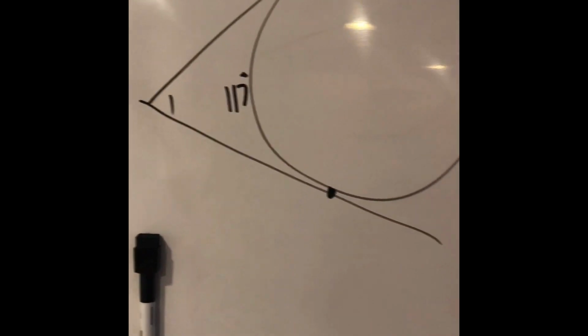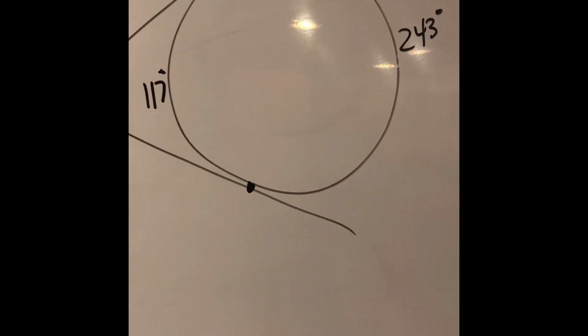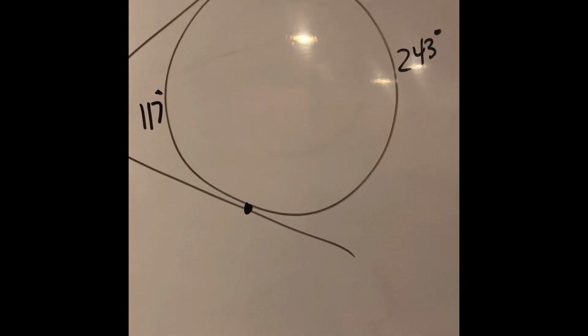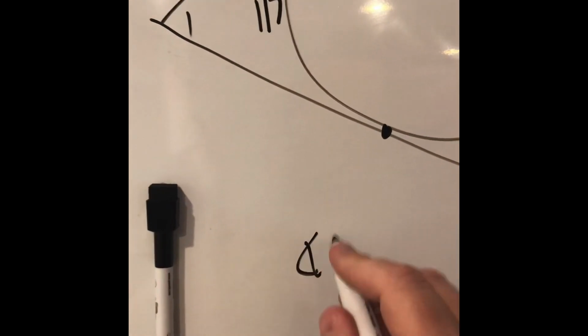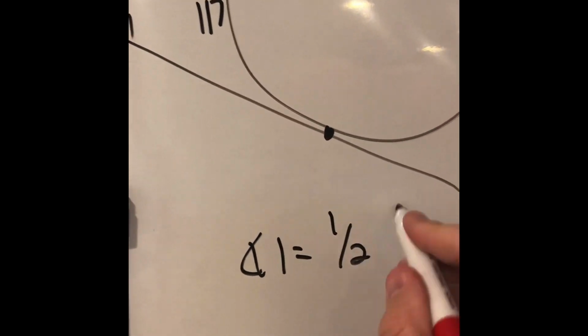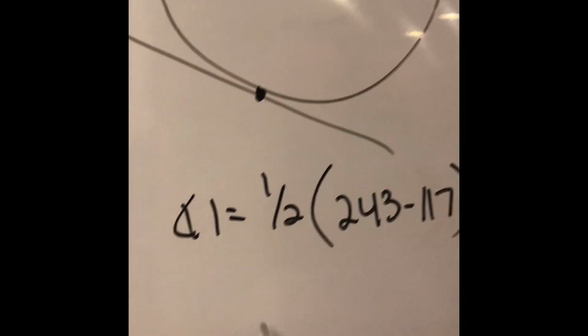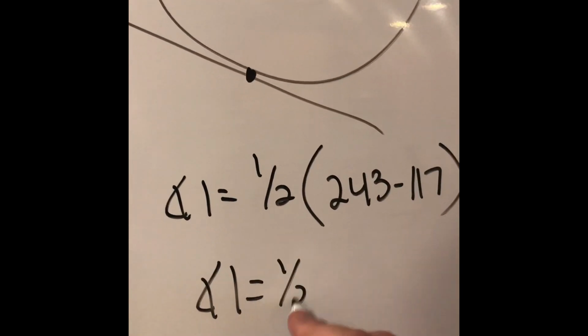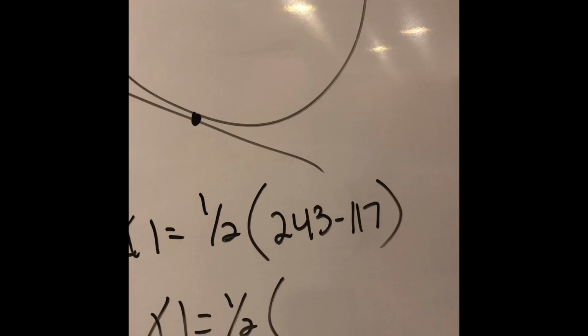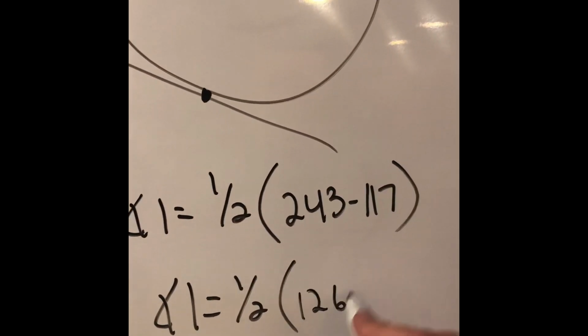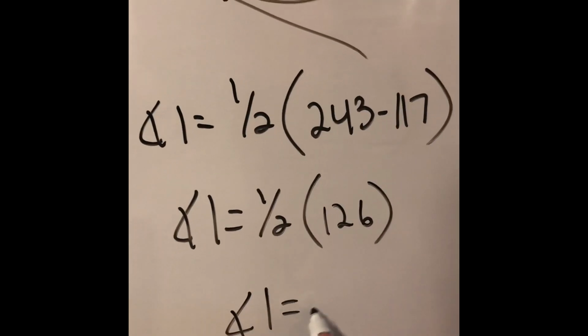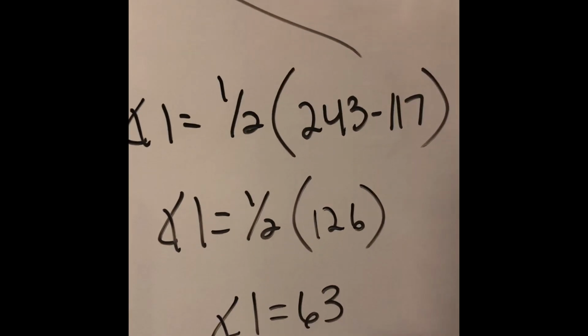With the tangent, we're going to subtract those two arcs and take half. So angle 1 is 1/2 of 243 minus 117. So angle 1 is going to be half of, let's see, what is that, 126? So angle 1 equals 63.